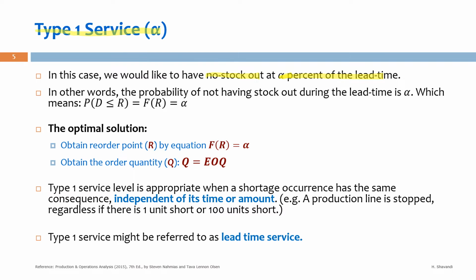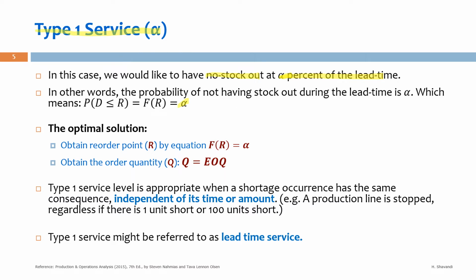Or we can say we may be in a stock out situation at most 5% of the time. So that will be our service level. Here we say that our service level is 95%, so that 95% is considered as alpha.